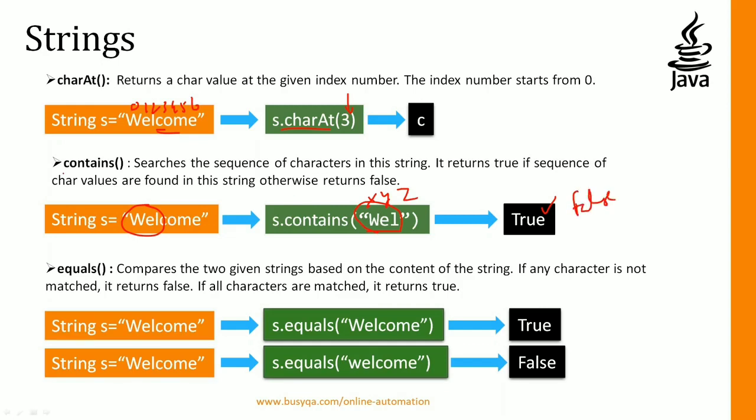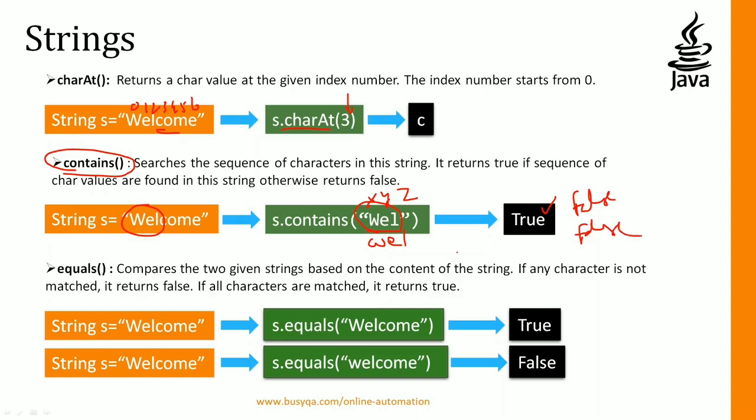Okay. So this is contains, a very frequently used method. In the coming sessions also, and these are all case sensitive. Remember this: all string methods are case sensitive. You have to provide the values perfectly, in lowercase or uppercase. Suppose instead of wel, if I use all lowercase letters, this will return false.